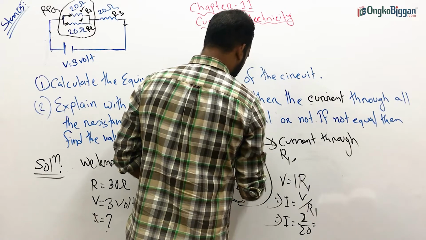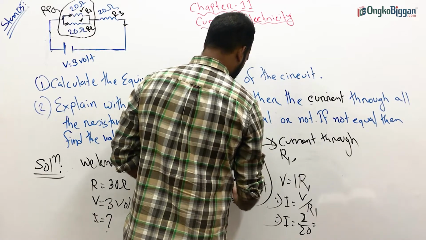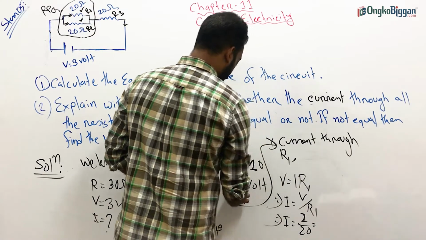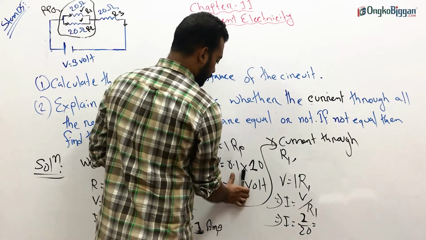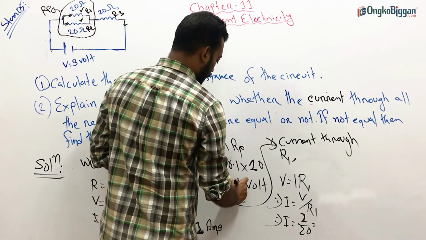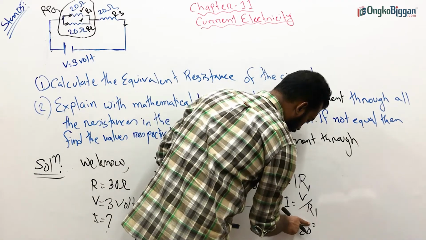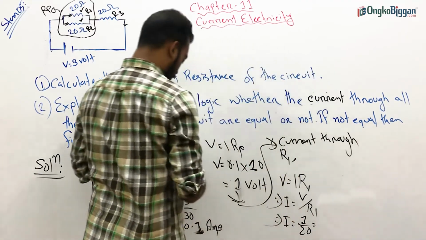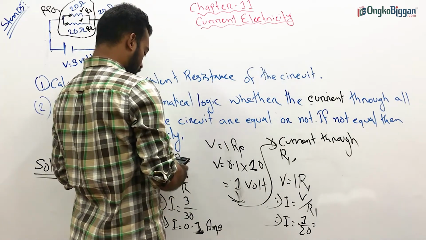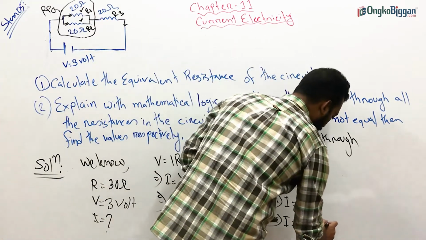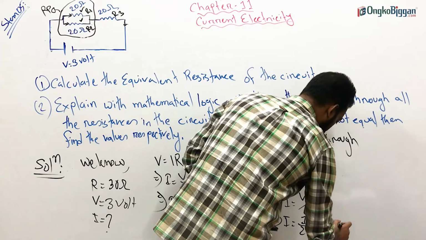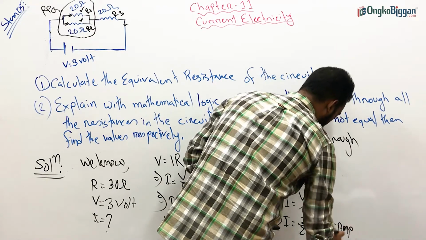So Rp was 10, so V was 1. The value of Rp was 10, so here the value of V will be 1. So 1 divided by 20 is 0.05. This is the amount of current passing through R1.